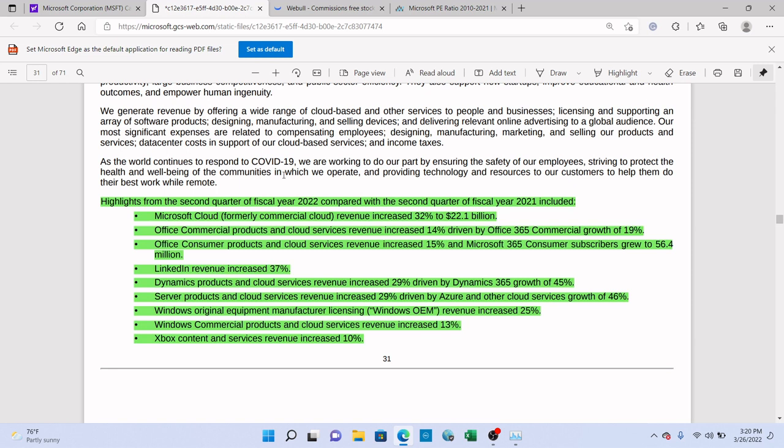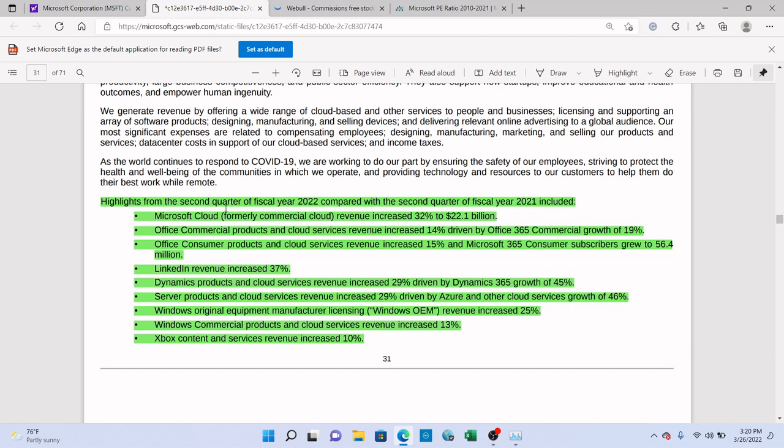So, you might read here LinkedIn revenue increased 37%, and you might say, wow, that's crazy. But think about it: LinkedIn revenue was not that much of their total revenue, it's just a small portion of it. So, when you're looking at the information that I just talked about, you can see how everything is weighted, and understand the significance of these highlights.